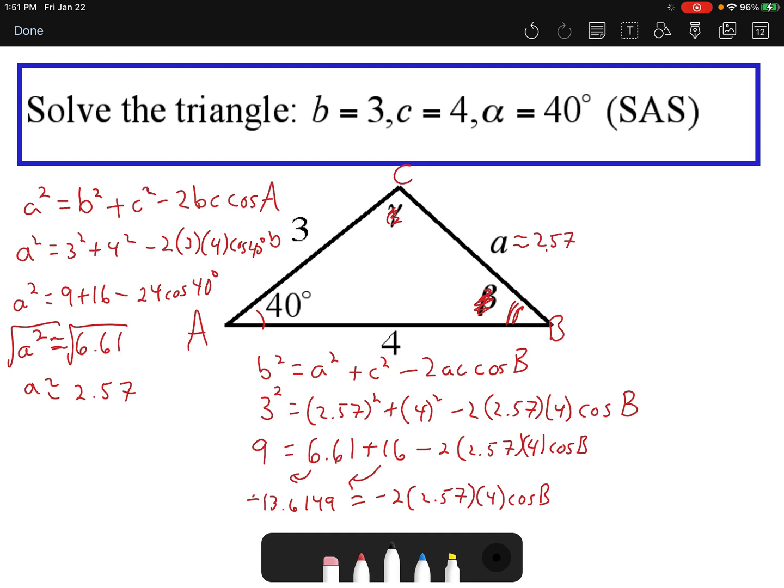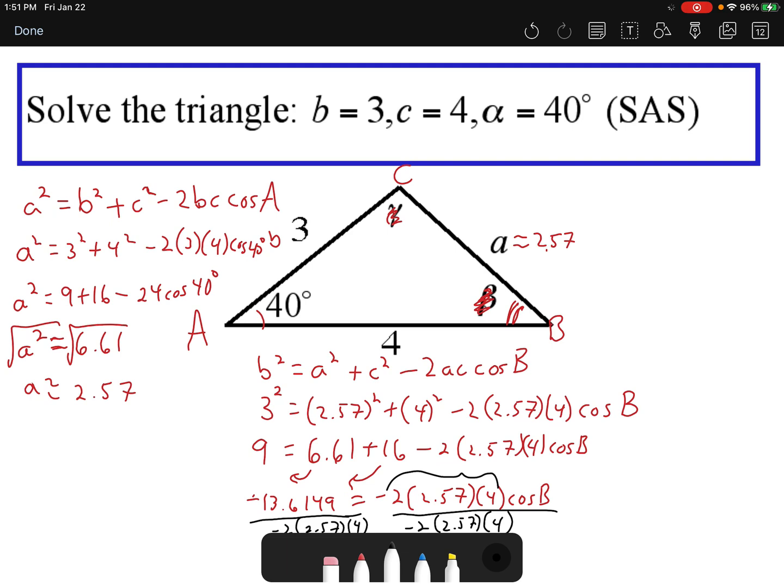Now, this is all multiplication here. So how do you undo multiply? Right, you divide. So I'm going to divide this over to here. I'm going to just write this, and you can go ahead and multiply it on your calculator if you want. I'm going to do it all in one fell swoop here.